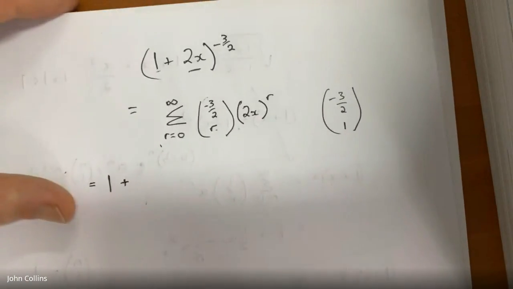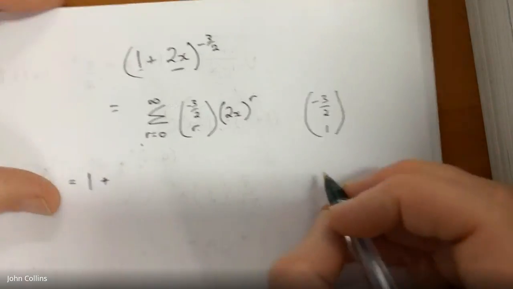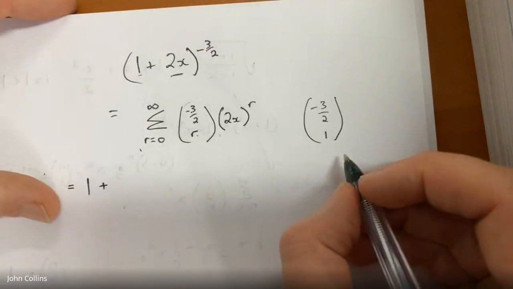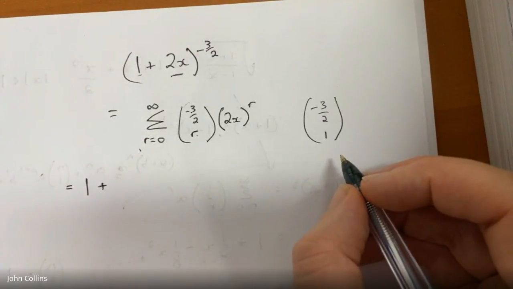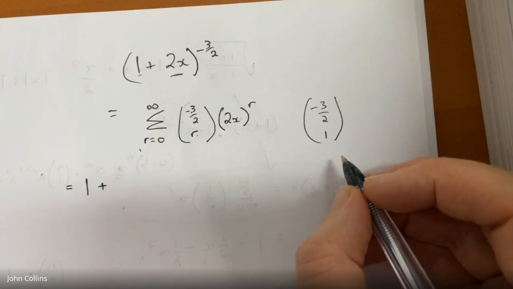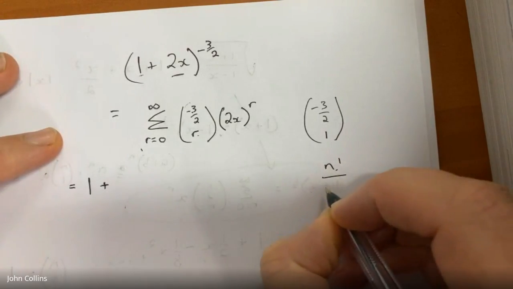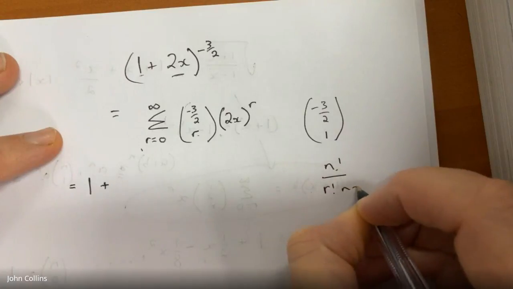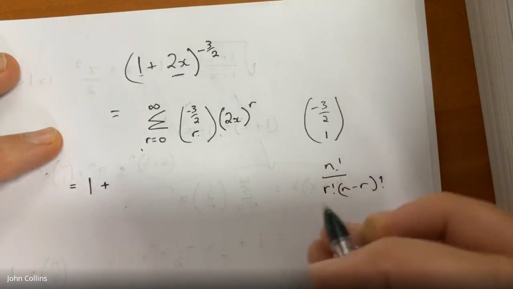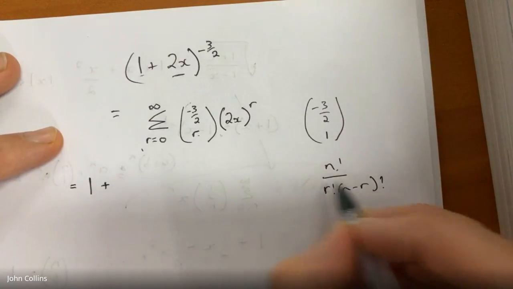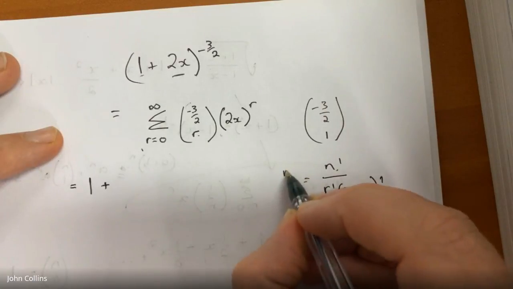Well, maybe I will do it out just for 1. So the formula, let me just get it up again to make sure. The formula is n factorial all over r factorial times n minus r factorial. So that's when it's n choose r.